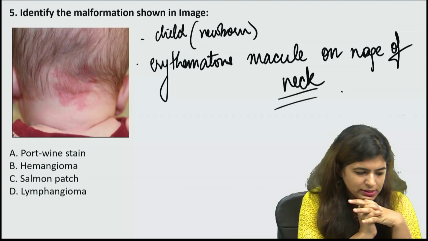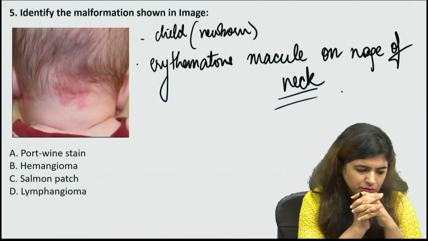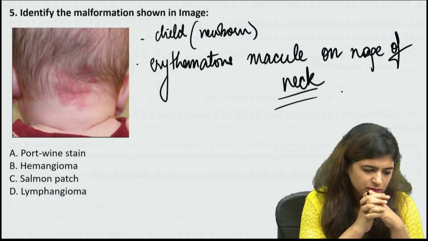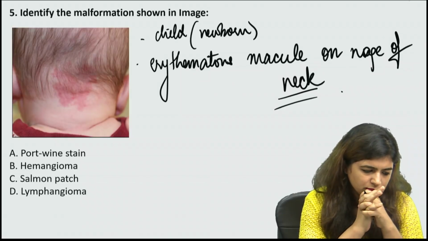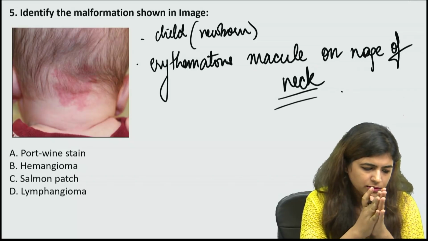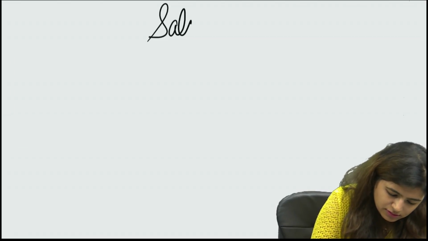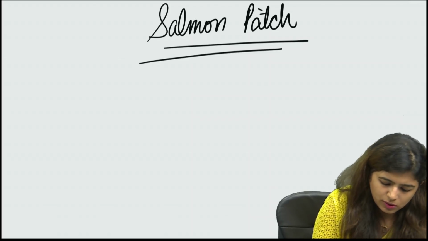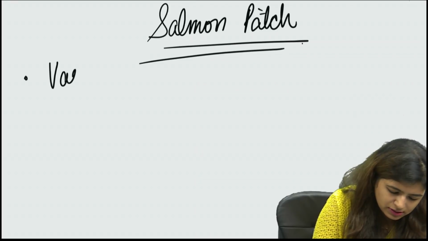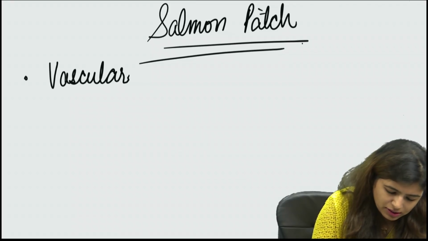Now, what is it? This is a salmon patch. What is a salmon patch? This is just a vascular ectasia.